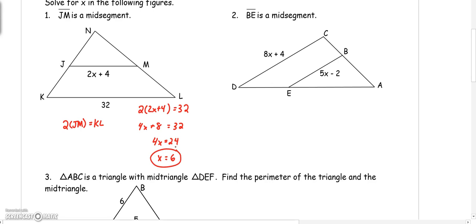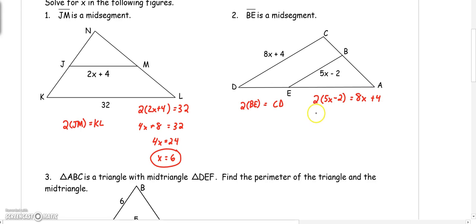The same thing in number 2 when our triangle is turned a little bit. So now we have midsegment BE. So we need 2 times the length of BE is equal to the length of my base, which is CD. So I'm going to do 2 times 5x minus 2 is equal to 8x plus 4.